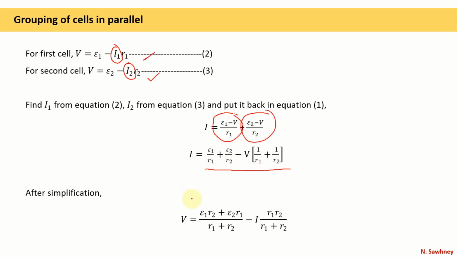After simplification, we write it in terms of the potential difference equation, that is, V is equal to some expression minus I into some expression. That means this will be the equivalent EMF and this term will be the equivalent internal resistance.